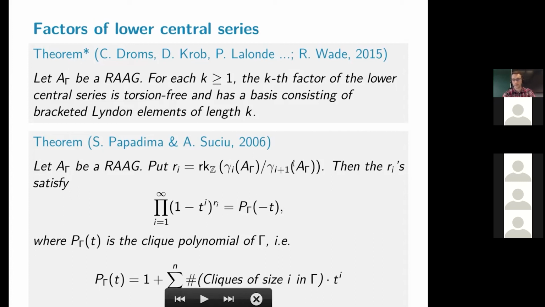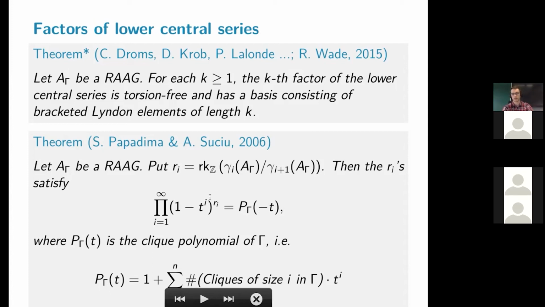And in fact, this lower central series will have an infinite number of factors. So each R_i is in fact at least one. So the infinite amount of information of the ranks is captured by a finite number of coefficients. So this is quite strong, that you can capture an infinite set of information by a finite set of elements. But the proof is quite involved and uses quite strong results, and it doesn't give an idea of what the basis is.